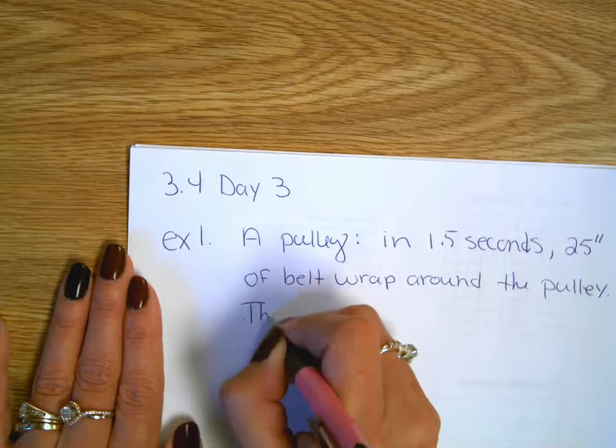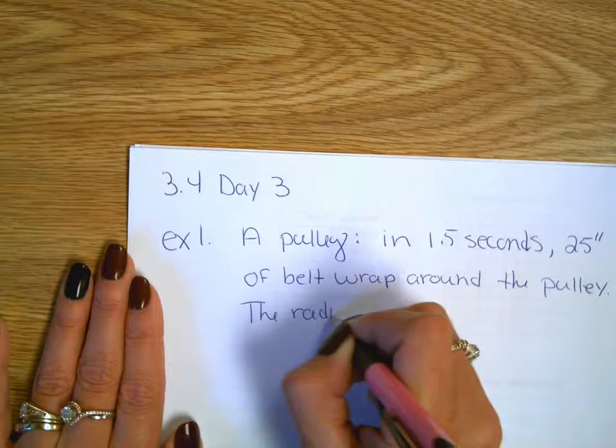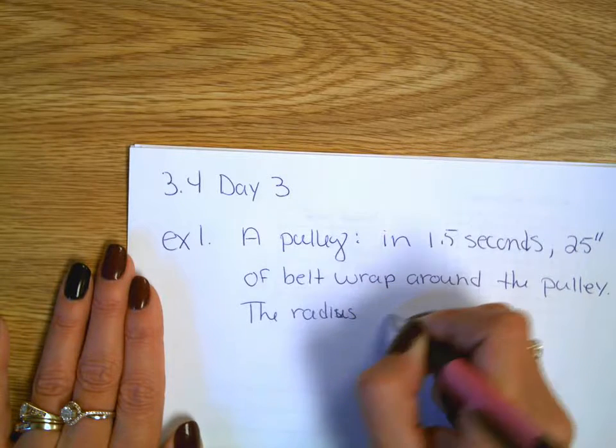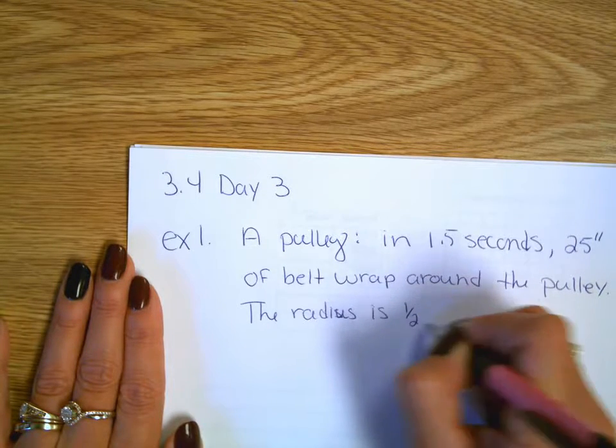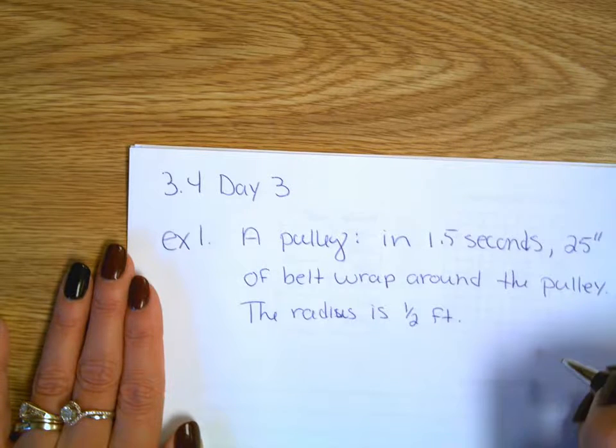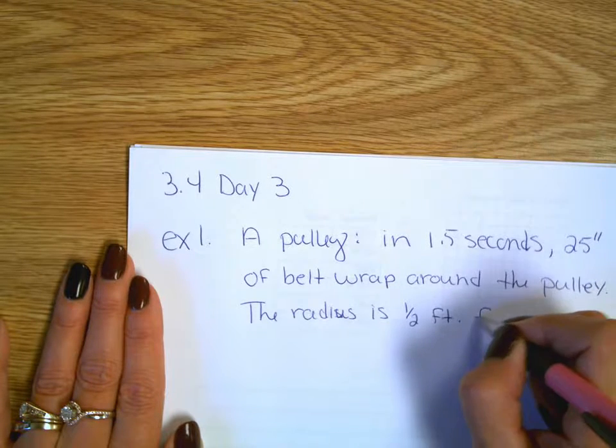The radius is a half a foot. Can you find the angular velocity?